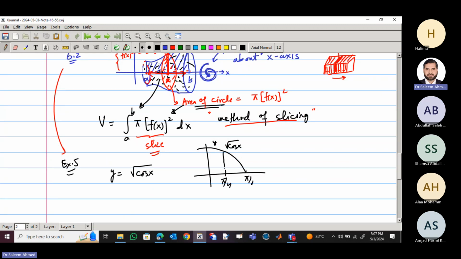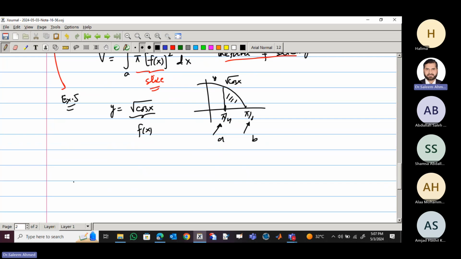So this is the area. I just have to see what my a's and b's are. This is my function f of x, this is my a, this is my b. If I put it in the formula, the volume will become the integral from a to b of pi f(x) squared dx.